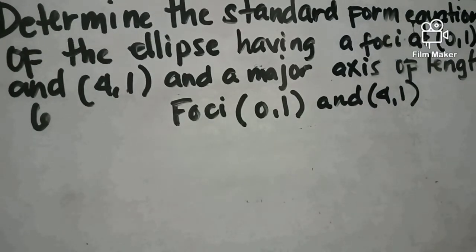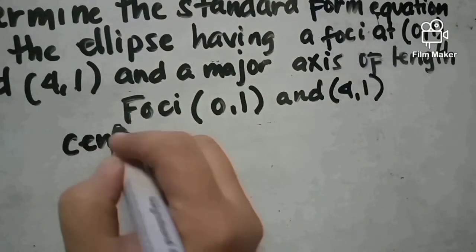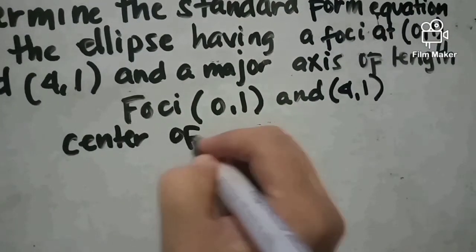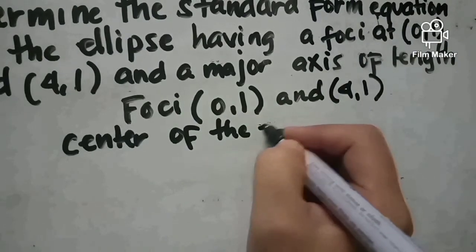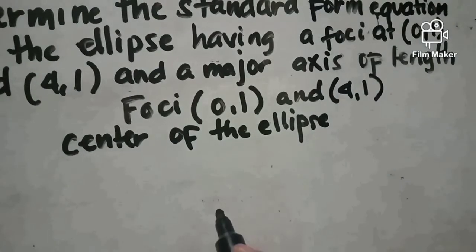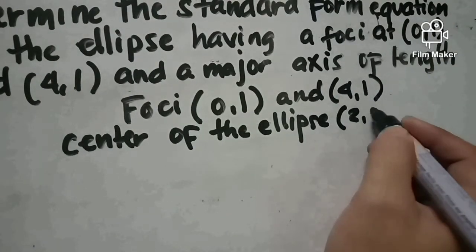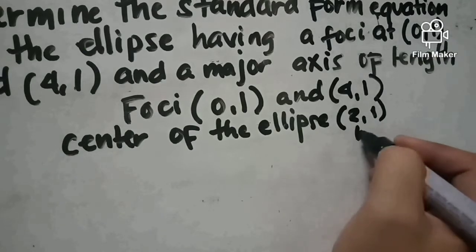Tapos ang kanyang center of the ellipse, bigyan ng value, (2, 1). So ito na yung H at saka K.